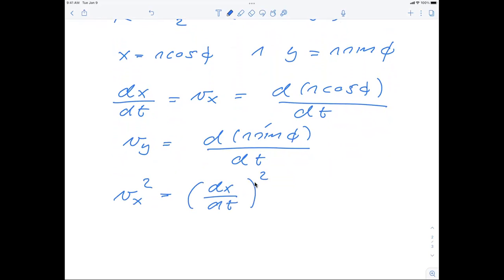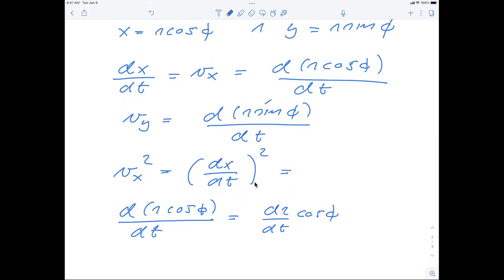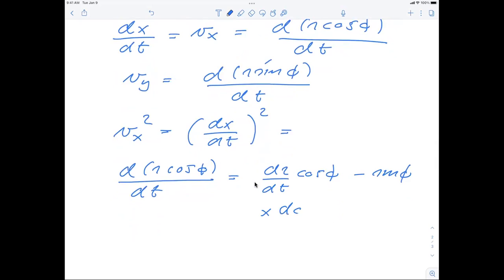If I write out the expressions, when I take the derivative of r cosine phi with respect to t, this is obviously equal to dr/dt times cosine phi, but then I get a minus sine phi multiplied with d phi/dt, multiplied with r. So that's the equation which I'm now going to square.